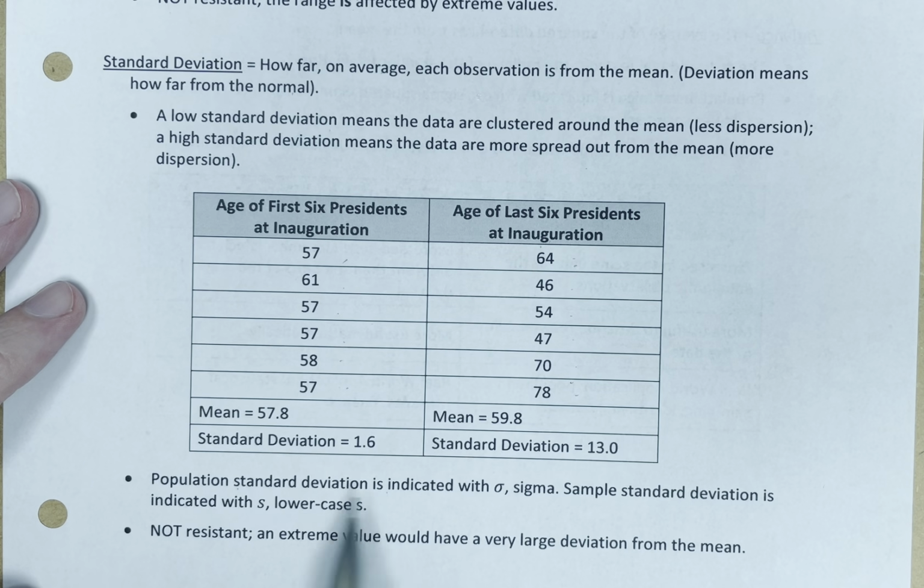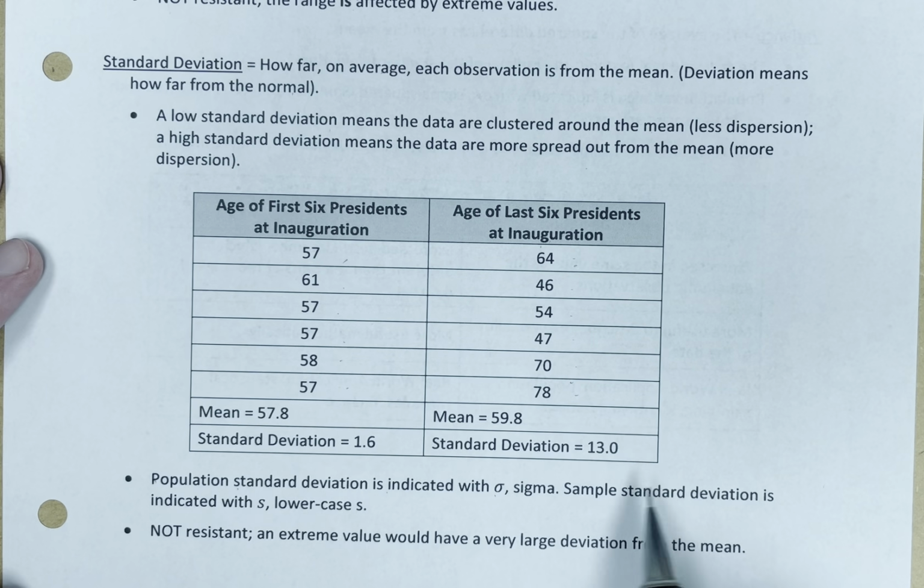Population standard deviation, of course, it's population. It's a parameter. We use Greek letters, and we're going to use sigma for the population standard deviation. Sample standard deviation. Sample goes with statistics, and we're going to indicate that with a lowercase s, the statistic that goes with the sample.